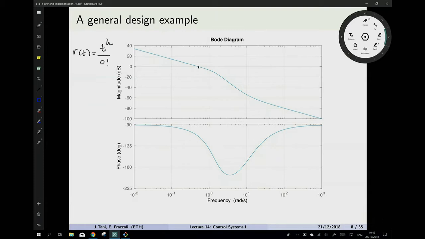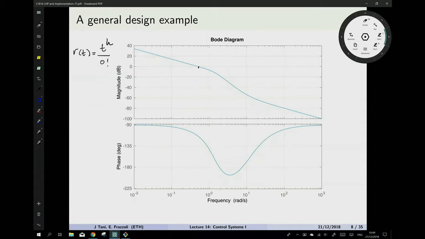Okay, so yes, the specification asks us to have a 0 steady state error to an input of order 0. Okay, so if we go back to our steady state error table, I'll write it here, and no need to switch the cameras.